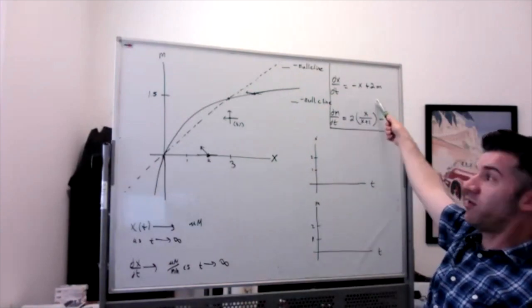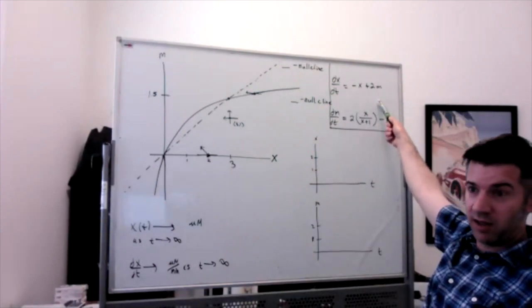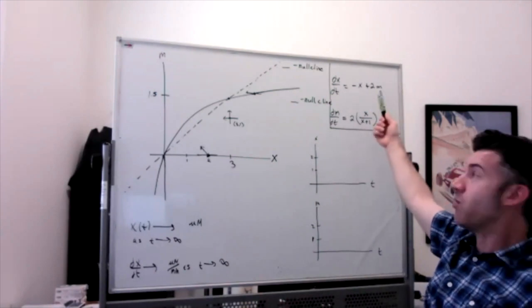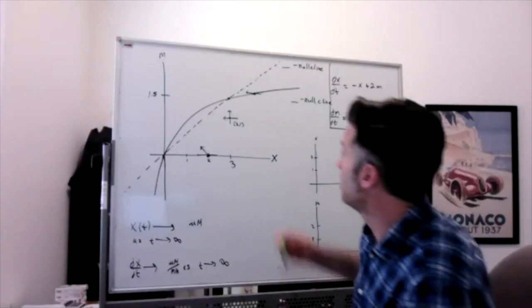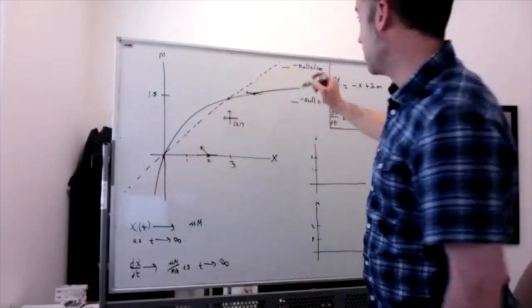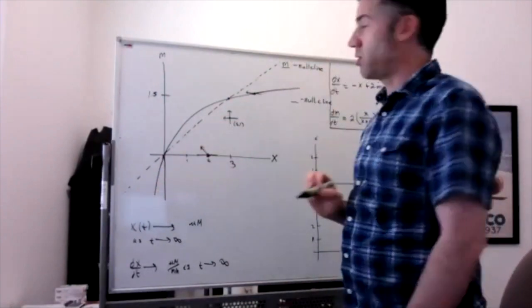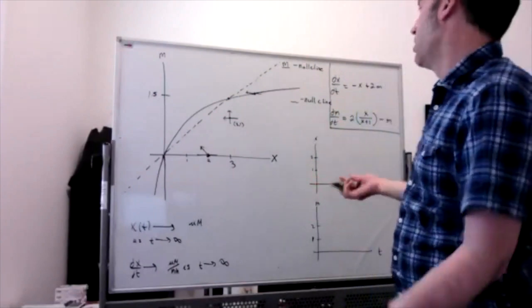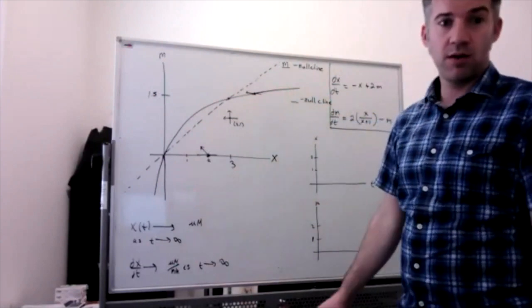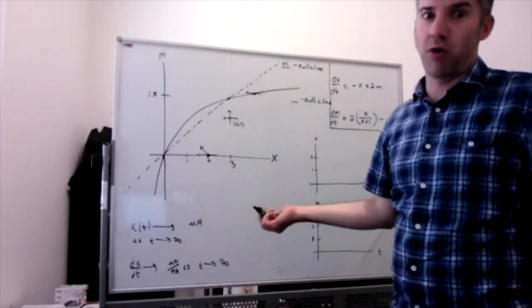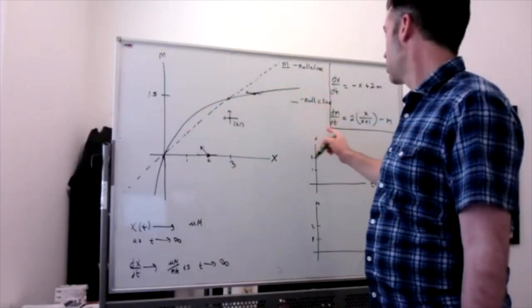Because if we solve this for M in terms of X, setting it equal to 0, we're definitely going to get a straight line.